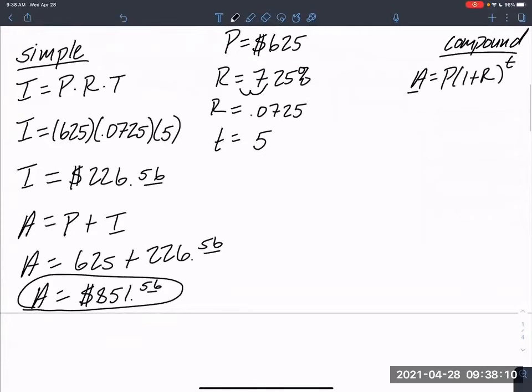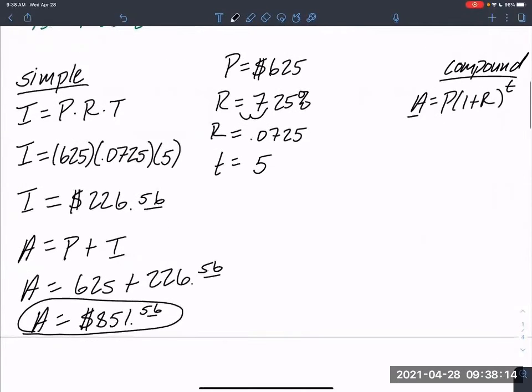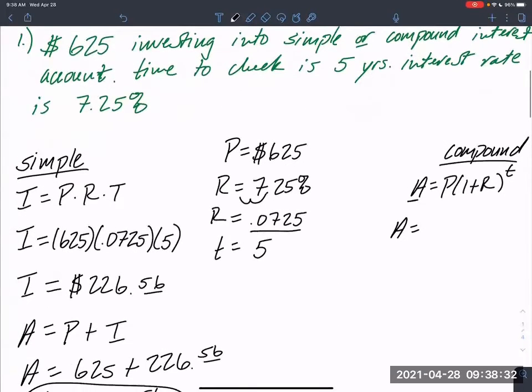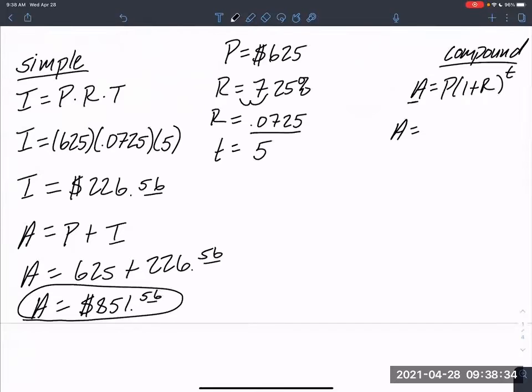Okay. All right. So let's try the compound interest now. So we're going to the right side. A equals. And again, it's important that you don't mess up certain things like the rate right here, because it's all going to build on itself, okay? I am going to have you compare. Okay?